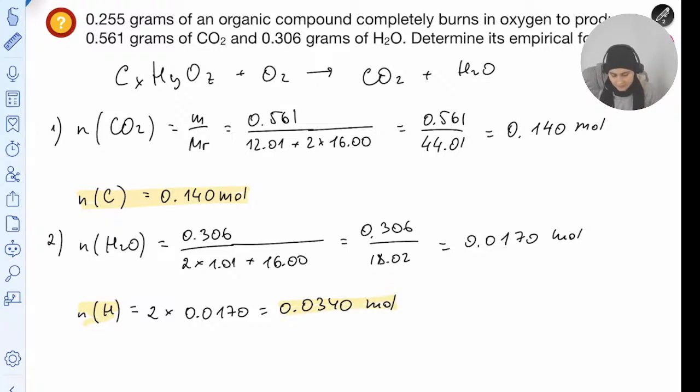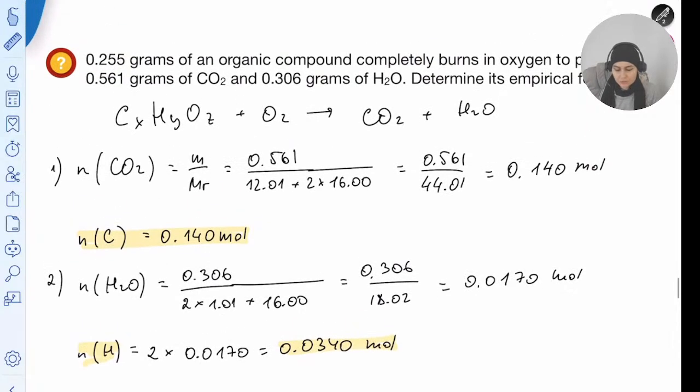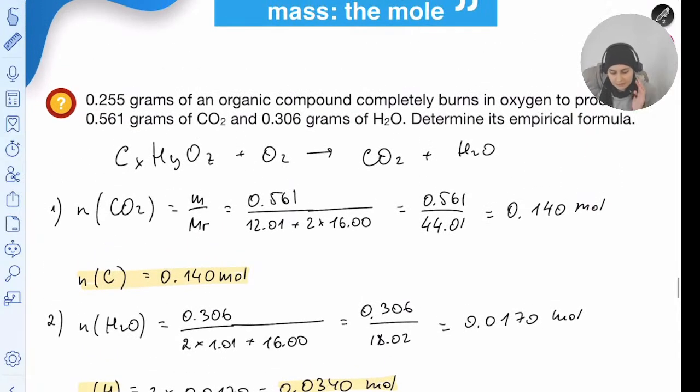Okay, fine. Now what do we do with oxygen? As I said, we cannot apply the same logic, because we've added extra oxygen. But what do we know? We know the total mass of the organic compound. This total mass is the mass of carbon atoms plus mass of hydrogen atoms plus mass of oxygen atoms, because there can't be anything else.